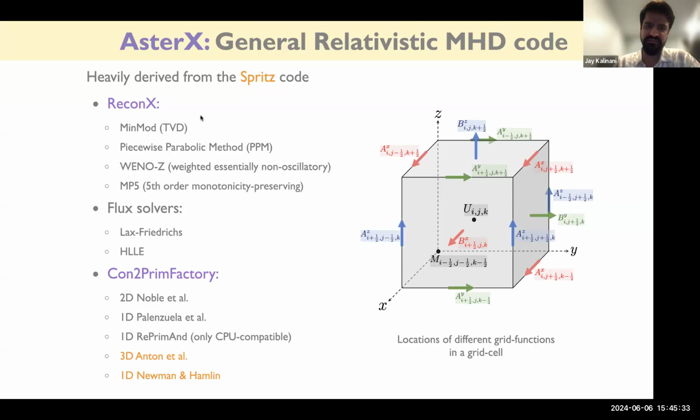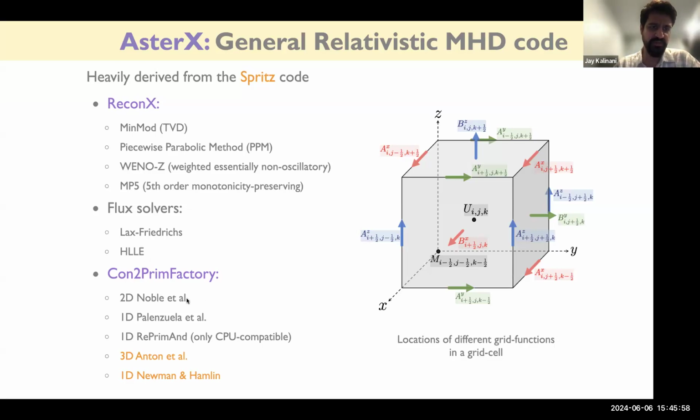Now, to summarize some of the modules present in AsterX, the first one is ReconX, which is essentially a provider for different reconstruction schemes, like MinMod, PPM, or even Reno-Z and MP5. Then we have the flux solvers, the simple ones, Lax-Friedrichs and HLLE, but we plan to include HLLD too in the future.